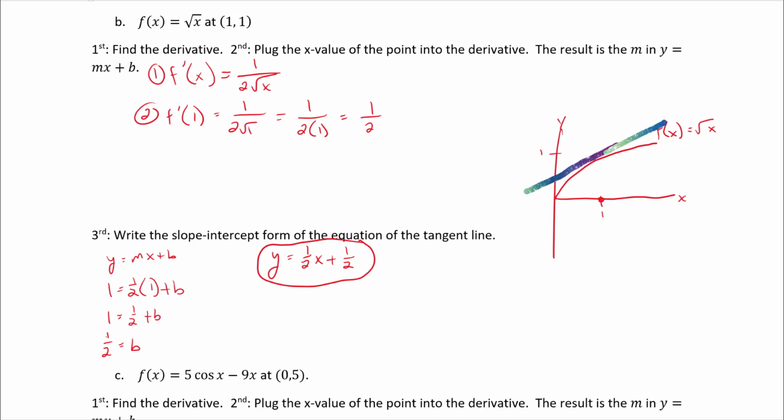It's only going to touch right here at 1, 1 locally. Now, a tangent line can touch in more than one place, but locally, close to the point that you're trying to find the tangent line at, it's only going to touch at that one point.